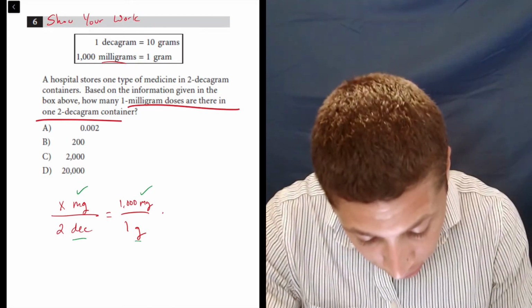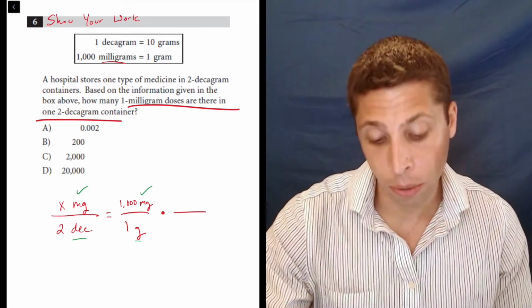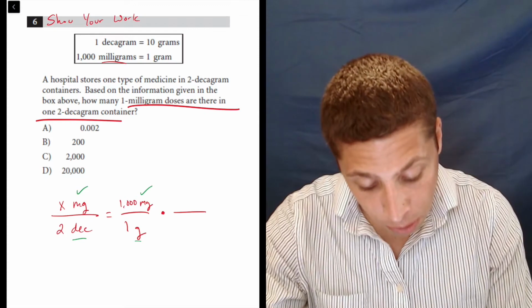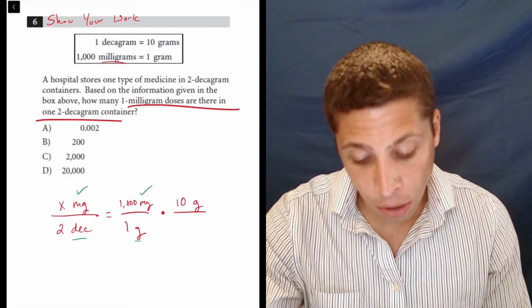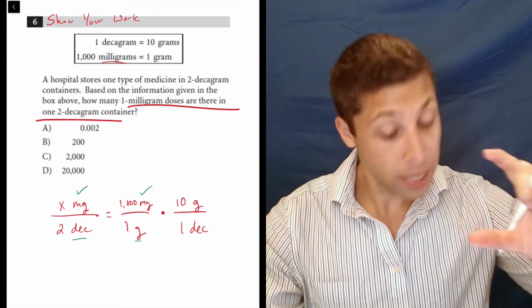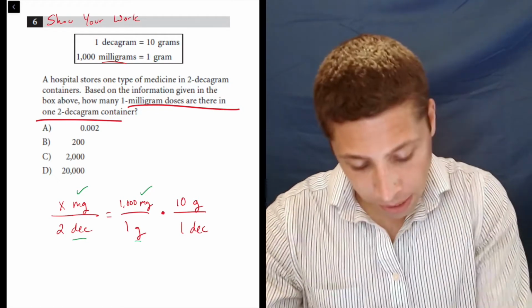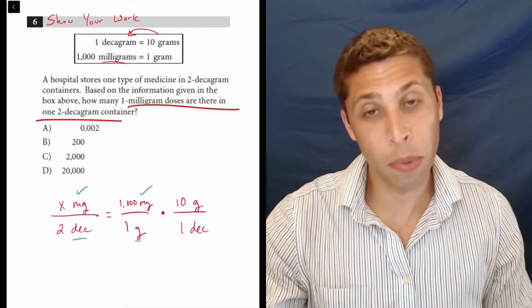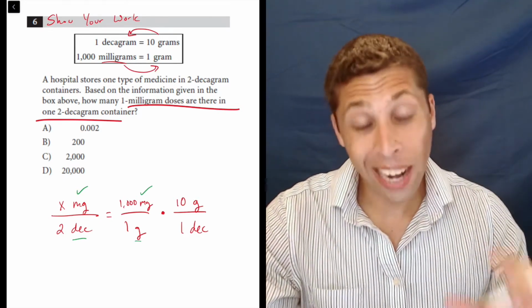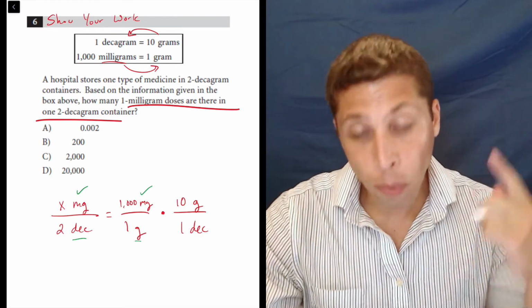So I now can just use another ratio and multiplication to do that. So what I want to do is say, okay, there are 10 grams in 1 decagram. And by putting it that way, that's kind of reversed. That's putting this one on top, whereas before I put the milligrams on top. And I reverse it on purpose because I want 2 things to happen.